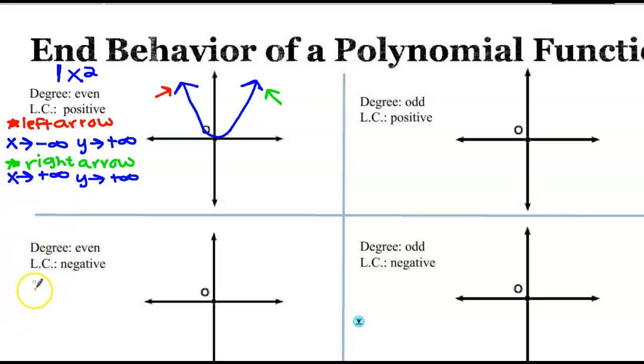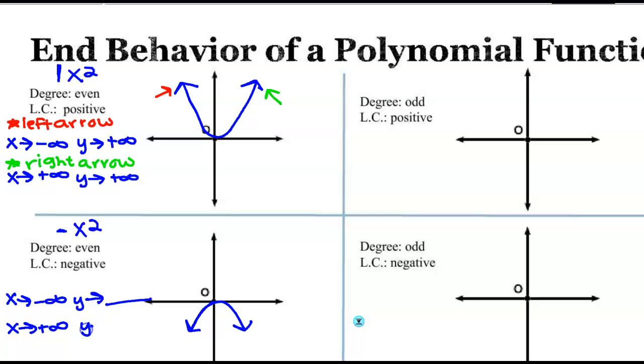So I'm going to go down here. So this one is talking about when I have an even degree, so like x squared, but my leading coefficient is negative, so it's like negative x squared, a quadratic that's upside down. So x approaches negative infinity, y approaches, that's what we need to figure out. x approaches positive infinity, y approaches, that's what we need to figure out.